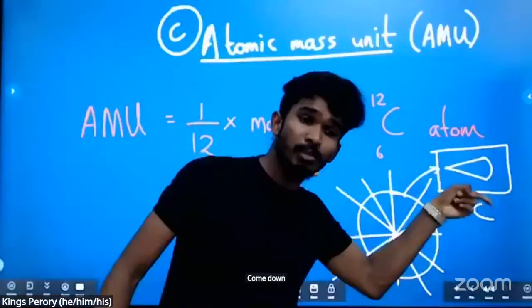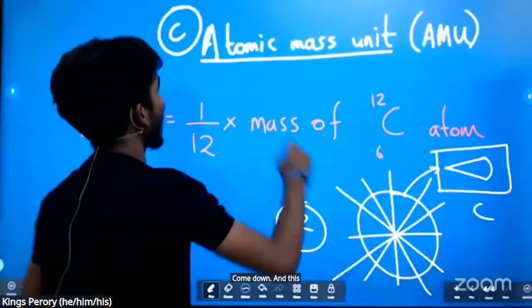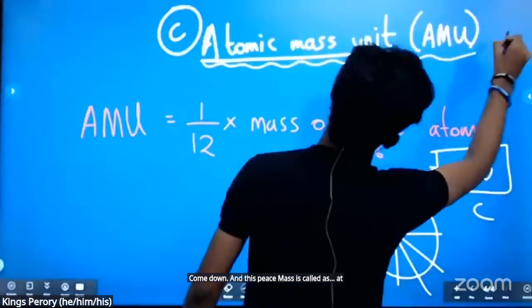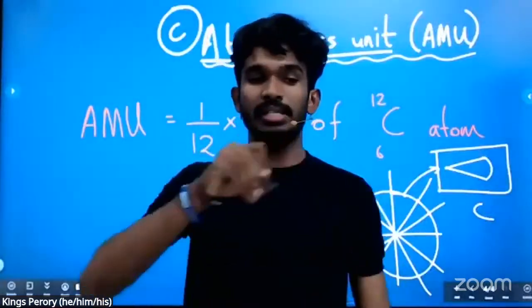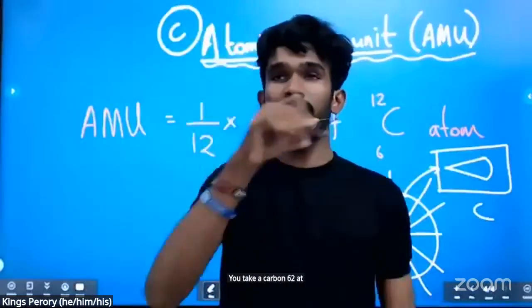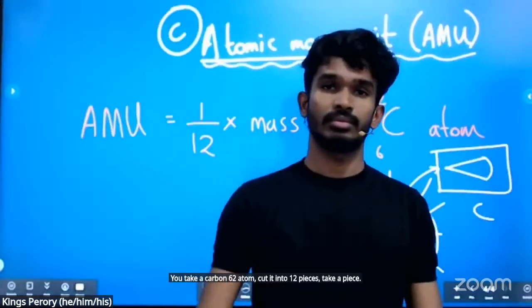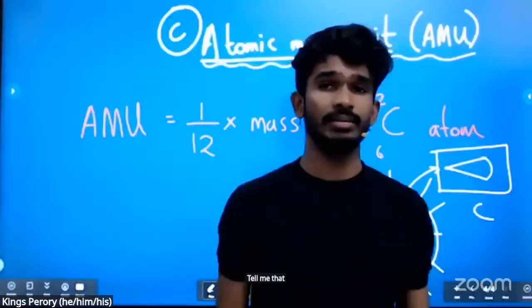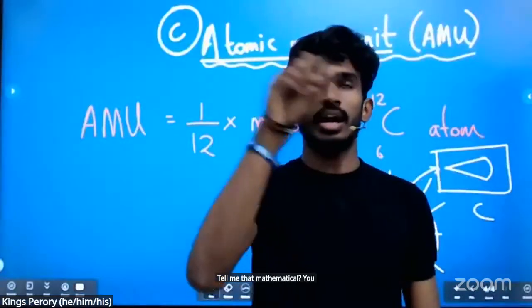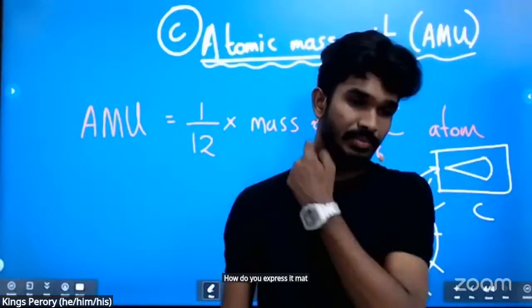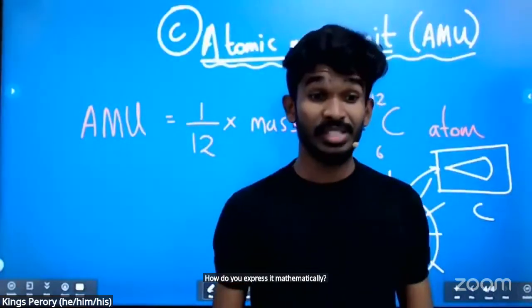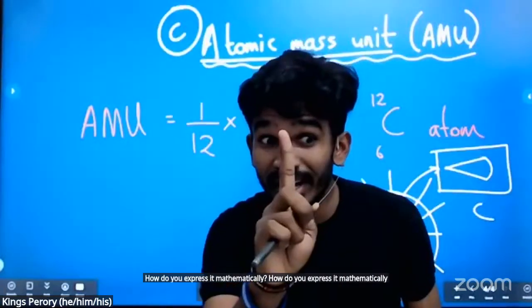And this piece mass is called the atomic mass unit. You take a carbon-12 atom, cut it into 12 pieces, take a piece. Tell me that mathematically. You take a cake, cut it into 12 pieces, take one piece. How do you express it mathematically? 1 over 12.